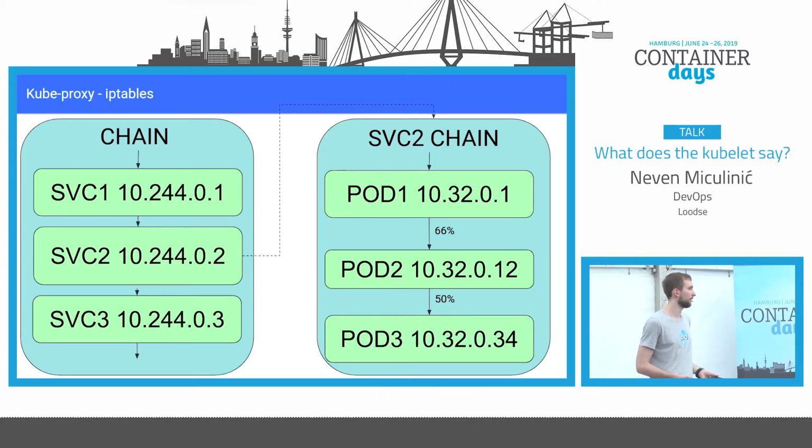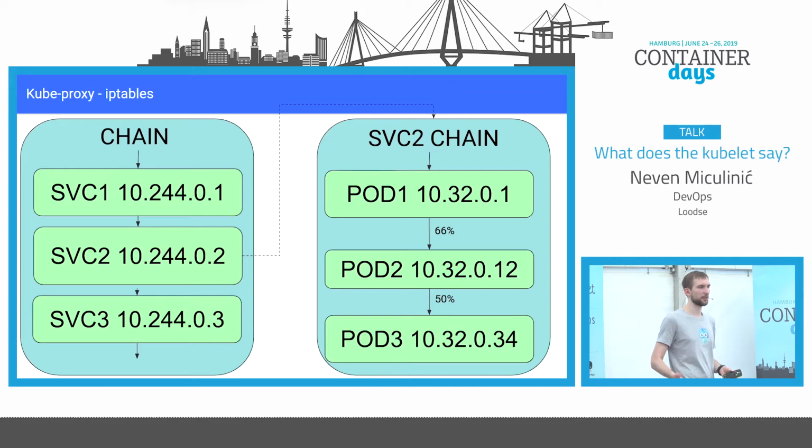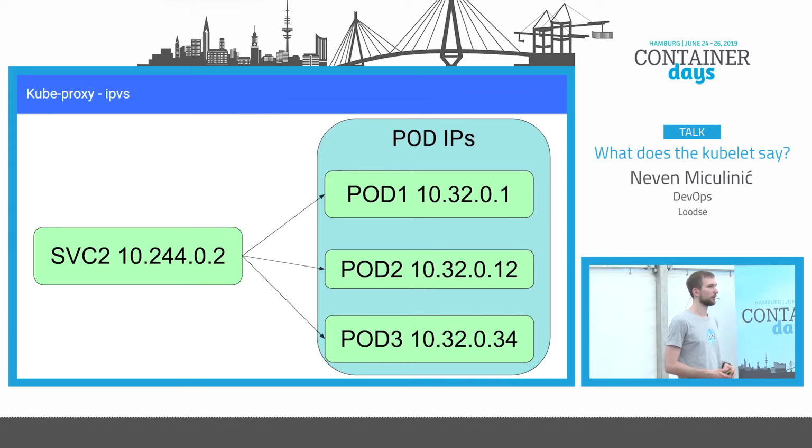This works okay if you have something like 10, 20, 500 services. However, if you have a large number of services with a large number of pods behind them, this becomes quite slow. So for the biggest clusters, what's usually used is IPVS.